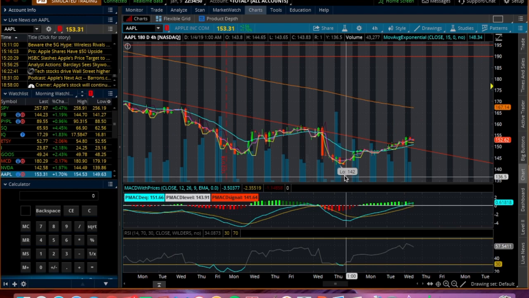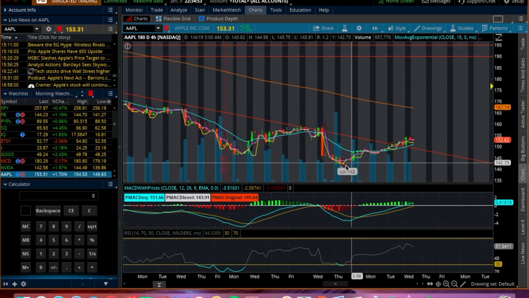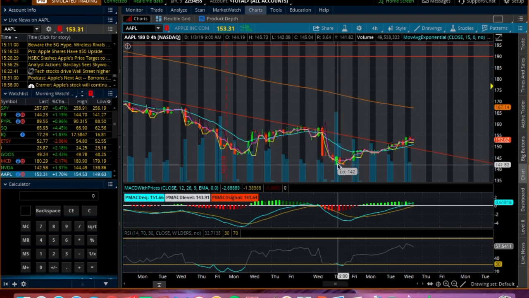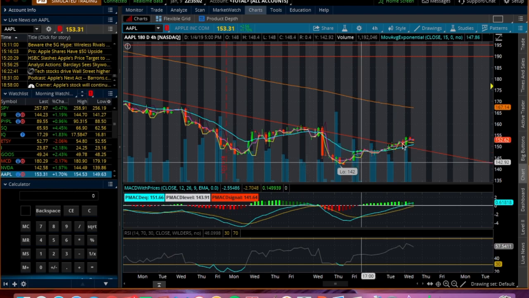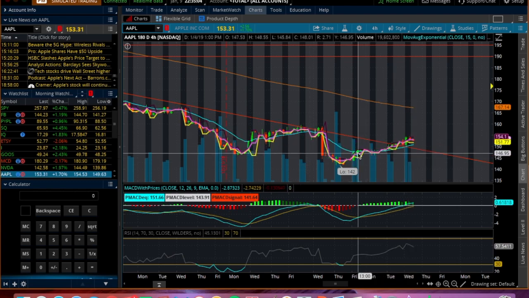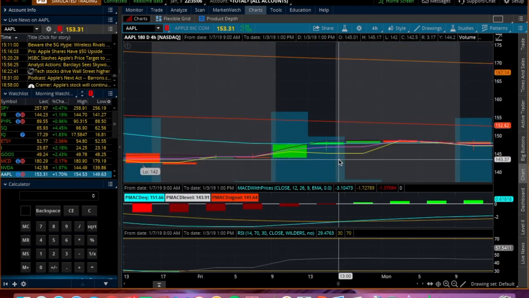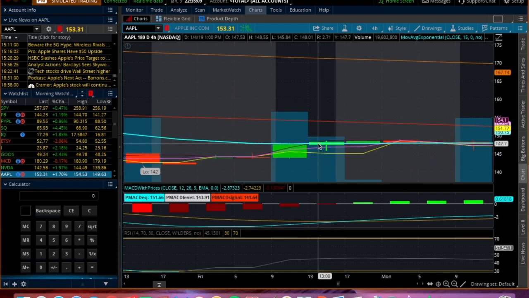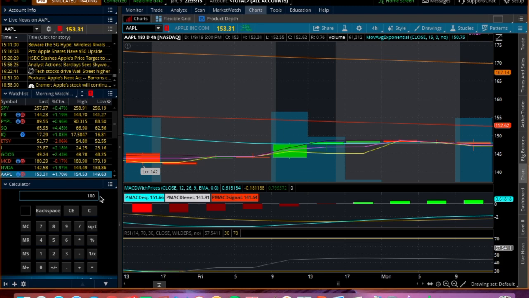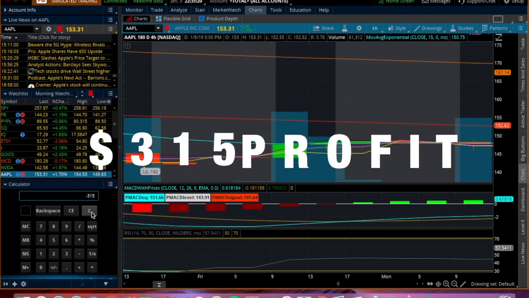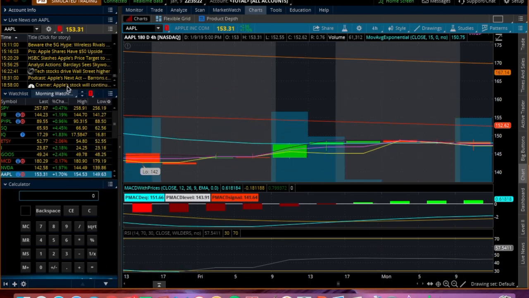So I'll do the math in just a little bit, but I ended up selling it not on the 3rd, which I could have made some really good profit on, but I thought it was going to continue going a little bit lower, but it's actually bounced and it's made a nice little bull run. But I ended up selling right in here in this day, which is January 4th. So I paid $180 for it and I sold it for $495. So it was a $315 profit there with only an initial investment of $180.